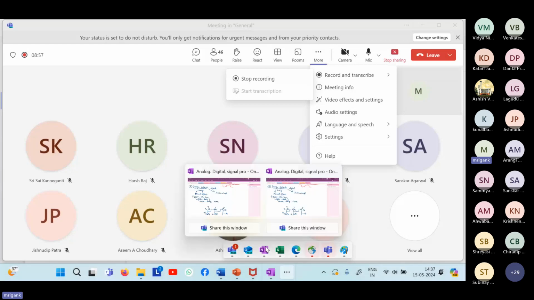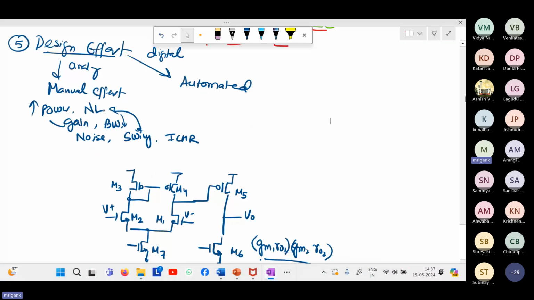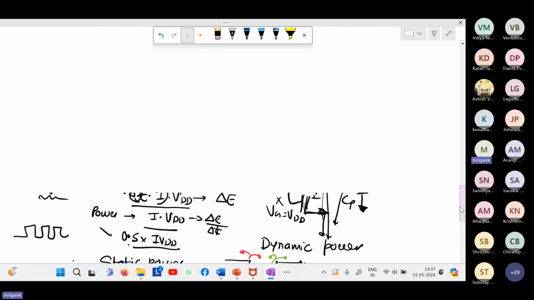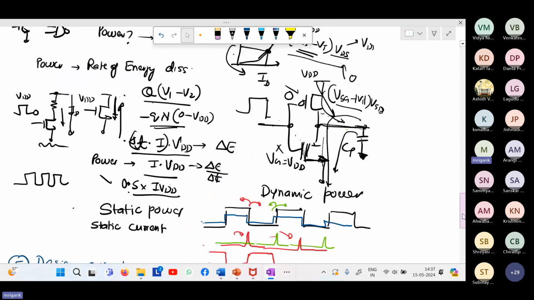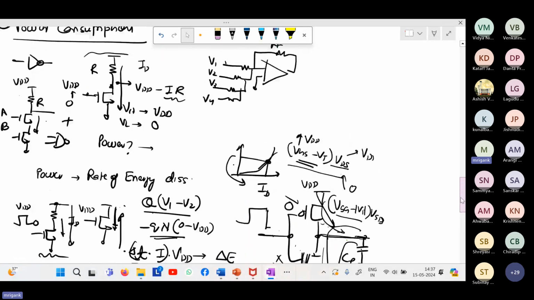So last time we discussed some basics of inverter operation, and we also looked into the power consumption concept, how the power consumption happens in digital circuits, and how it is different from power consumption of analog circuits.